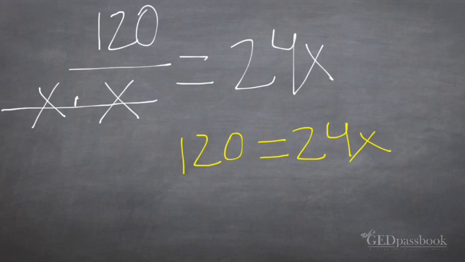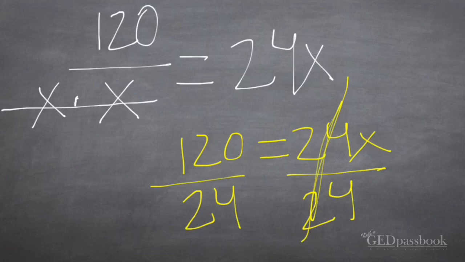So how do you get rid of this number right there? If it implies multiplication, you do the opposite, which is division. Cancels out. 120 divided by 24. So what's 120 divided by 24? Well, 5 equals x.